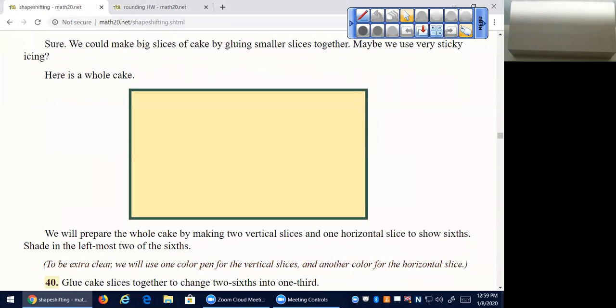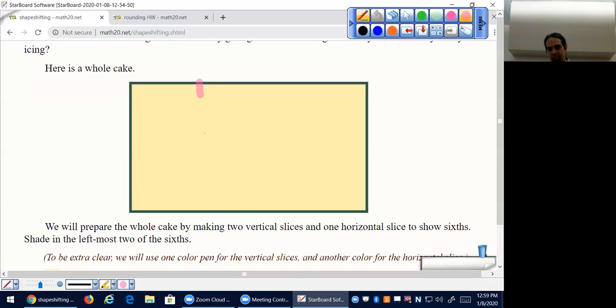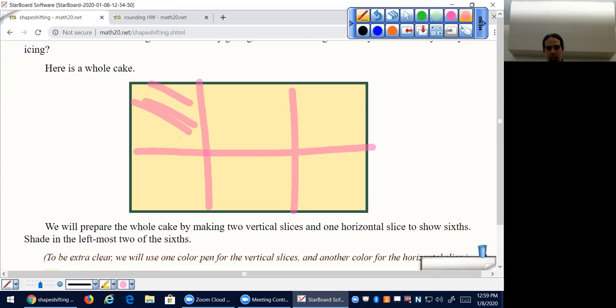Reducing is the opposite. So I could say that I have a cake. I can make pink slices, that's fine. So I have 6. How would I reduce that fraction with my picture?